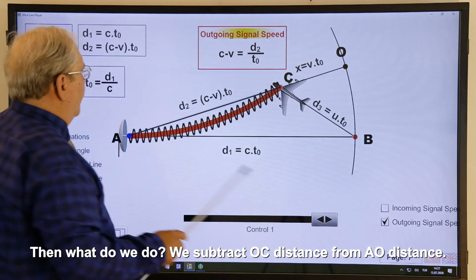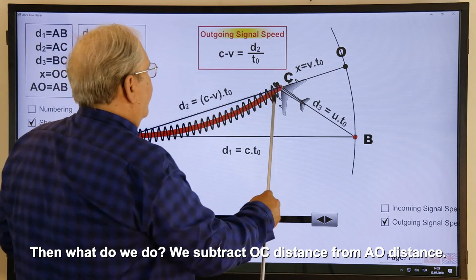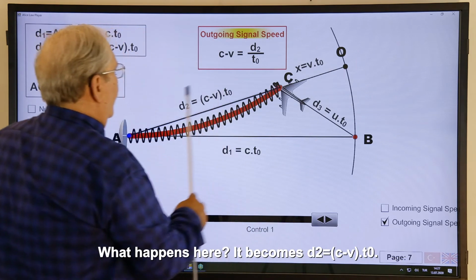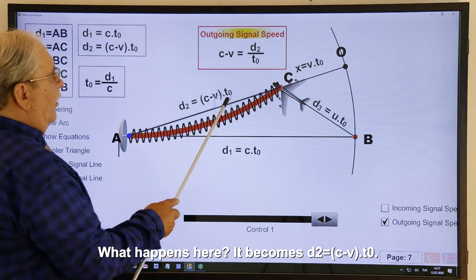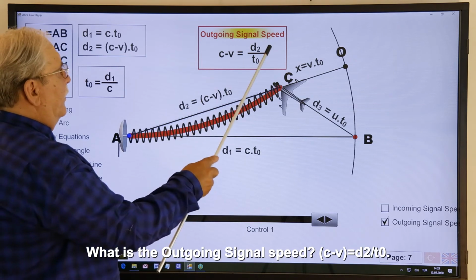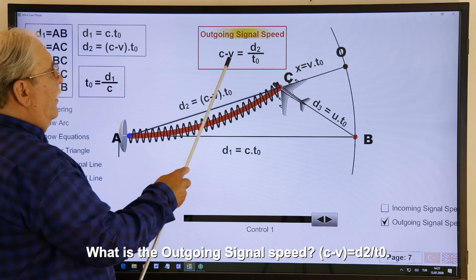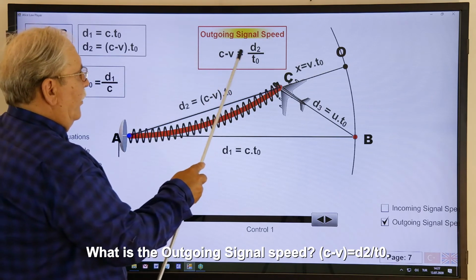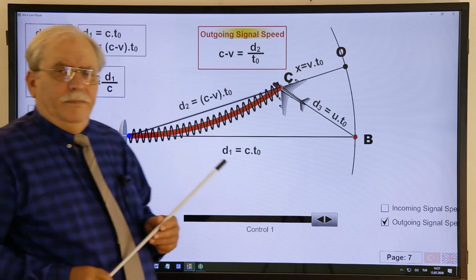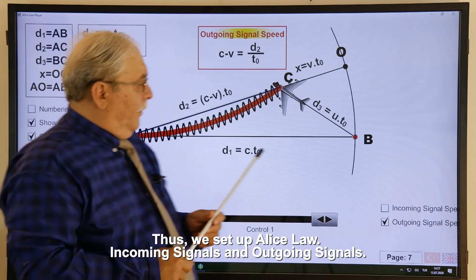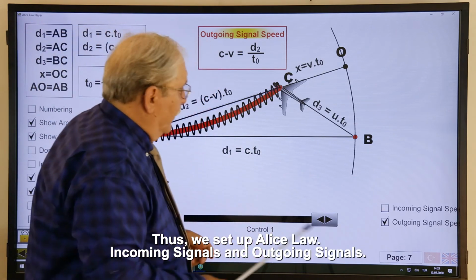Then what do we do? We subtract OC distance from AO distance. What happens here? It becomes d2 equals c minus v times t0. What is the outgoing signal speed? c minus v equals d2 divided by t0. Thus, we set up Alice's law.